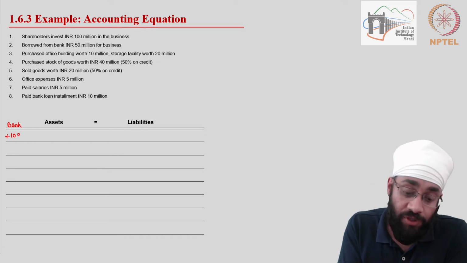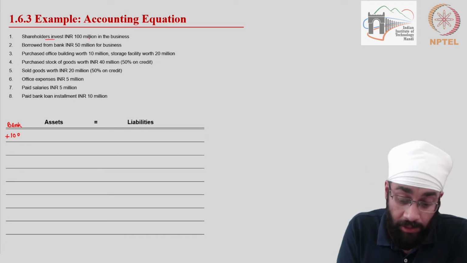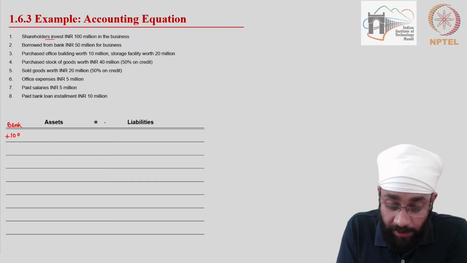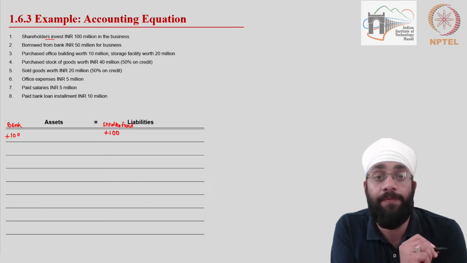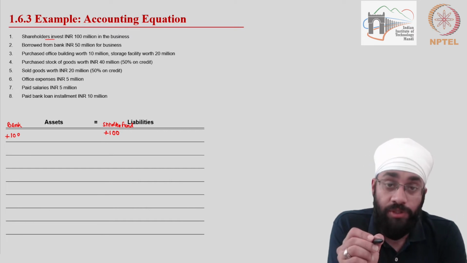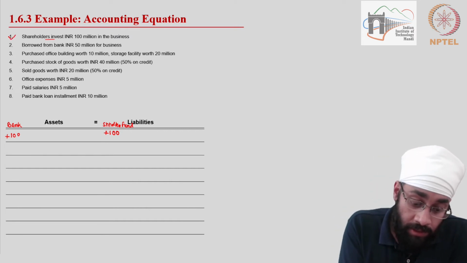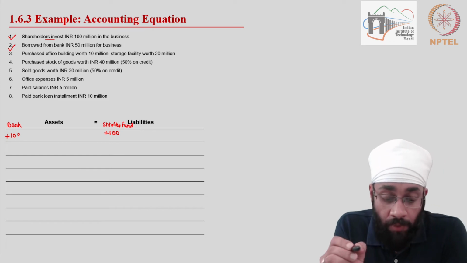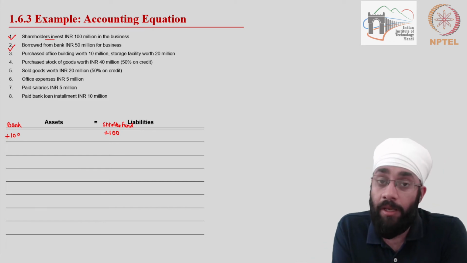At the same time, when shareholders bring in money, there is a new liability which is called shareholders funds, shareholders capital. So I'm going to say plus 100 in this case. So accounting equation holds.